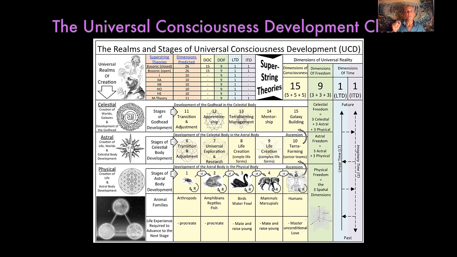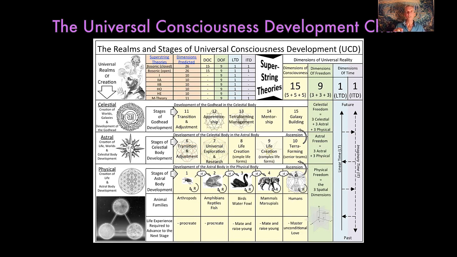And he claims that it's our mind that can traverse this dimension of time that is a very real thing and is one of the 26 dimensions of consciousness or dimensions of reality that are contained within this chart.